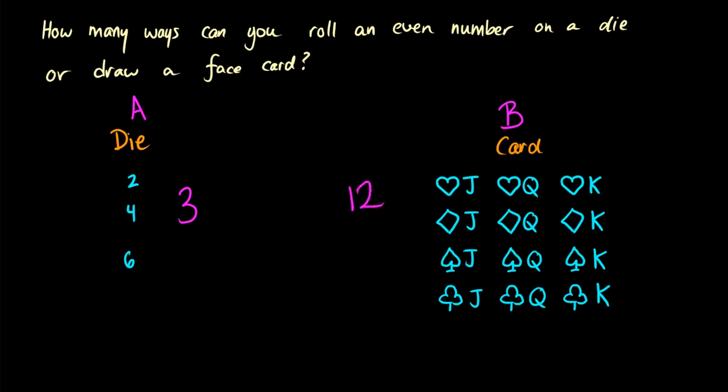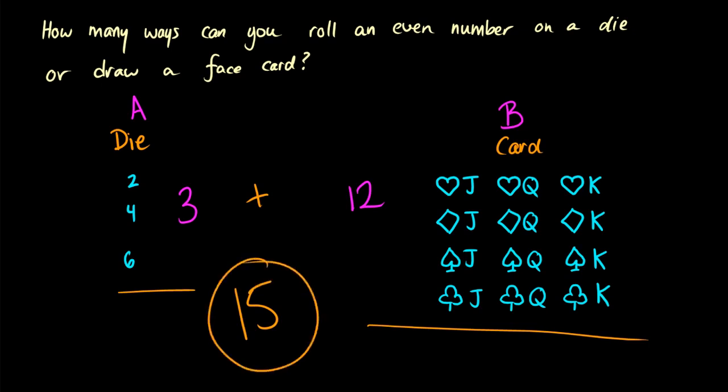So when we say how many ways can you roll an even number, 3, or a face card from a set of 52 cards, 12, we add them together and we end up with a grand total of 15 different ways to do either task. Either we get one of the even numbers or we get a face card from a deck.